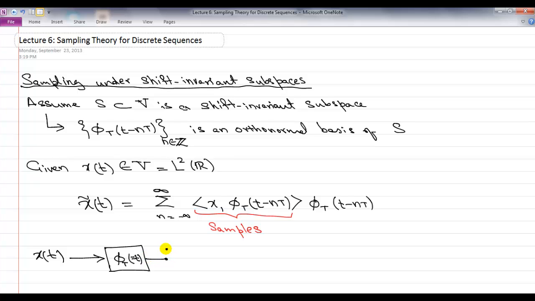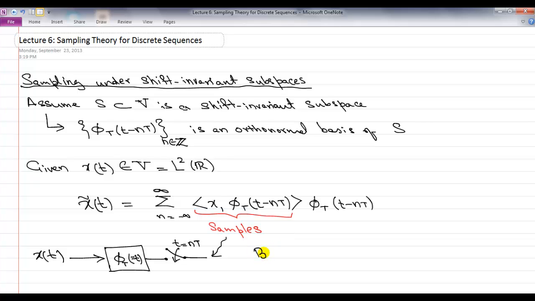And at the output, you simply take samples every capital T seconds. So this is how you get your samples. The only thing that changes as you change your subspace is what this pre-filtering is. In the band-limited case, this is given by the sinc.